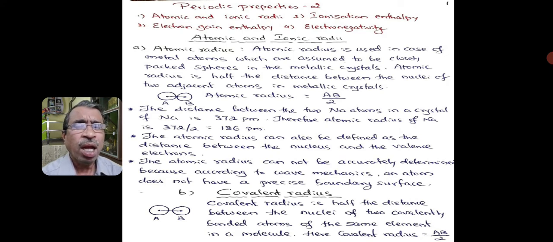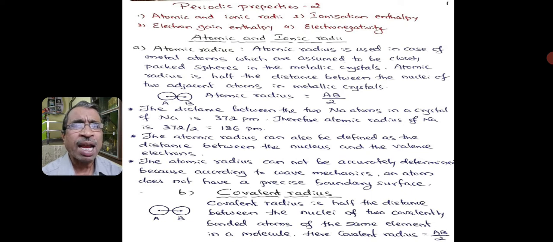In general, atomic radius is used in case of metal atoms, which are assumed to be closely packed spheres in the metallic crystals. So it is also called metallic radius. Atomic radius is half the distance between the nuclei of two adjacent atoms in metallic crystals.